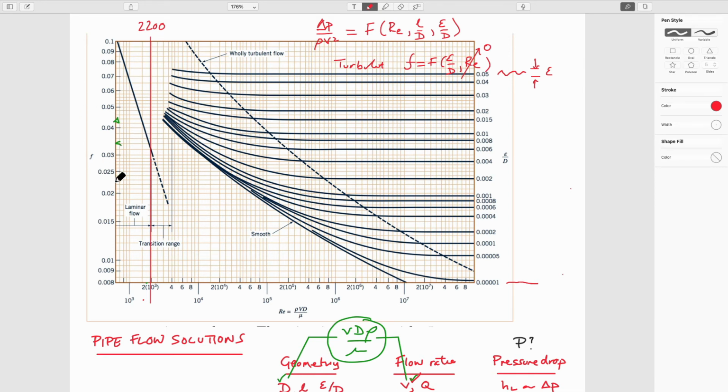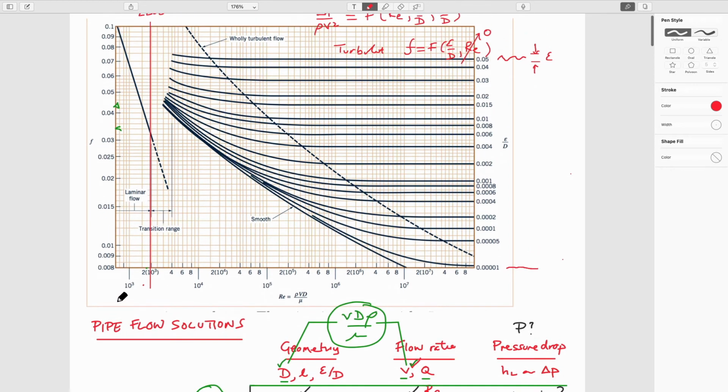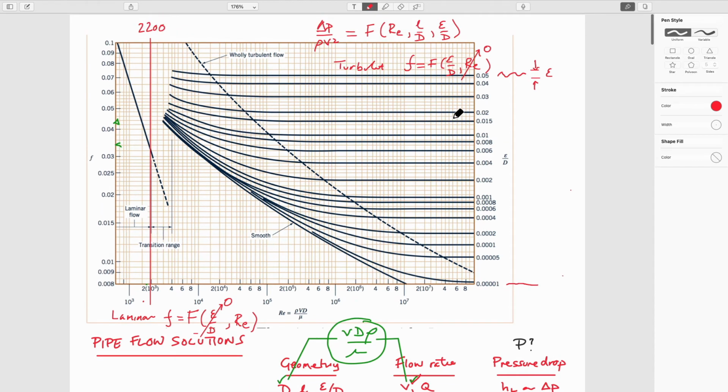For laminar flow, if I do the same, then the friction factor is not a function of relative roughness, but it is a function of Reynolds number. So these are the two contrasting behaviors. And so it's important to maybe put that in your mind.